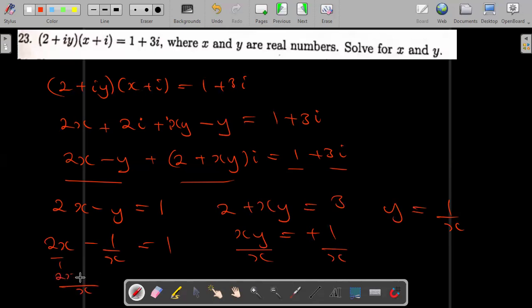There gives you 2x squared. Then that will be minus 1, and this will be equal to 1. Then what are we going to do from there? You have 2x squared minus 1 equal to x. Cross multiply, just get 2x squared minus 1 equal to x.